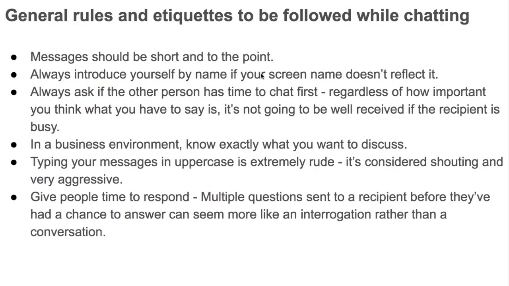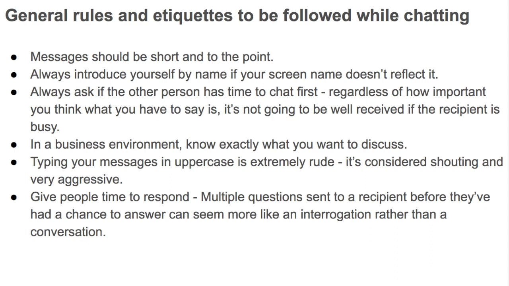Next are the general rules and etiquettes to be followed while chatting. Whether you are chatting on WhatsApp, Gmail, Yahoo, whatever it is, there are some rules and etiquettes that you should follow. The first one is messages should be short and to the point. Second is always introduce yourself by name if your screen name doesn't reflect it.